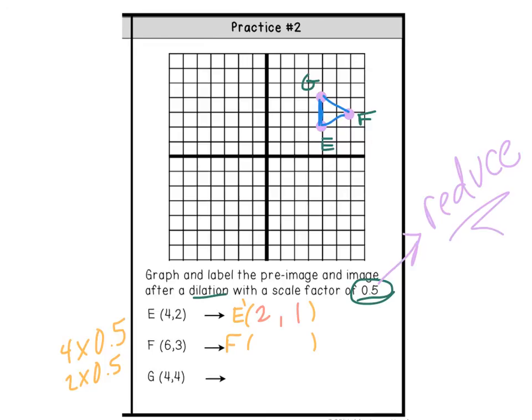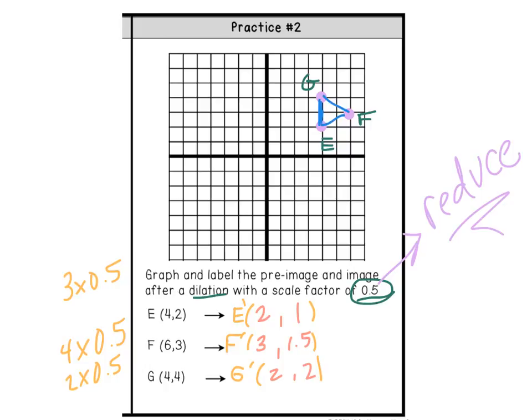Half of 6 is 3, and half of 3, 3 times 0.5, is 1.5, so that might be a little funky looking on our graph here. And that's F prime. G prime. Okay, this will be fine. Half of 4, this is going to be 2, 2. Cut those in half. All right, so let's plot it.